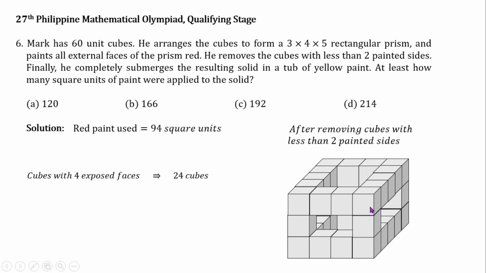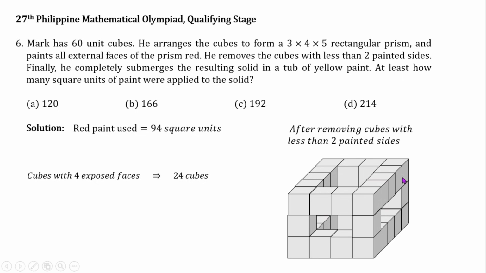If you look at the front part of the resulting solid, there are 6 cubes with 4 exposed faces. This one, so 1, 2, 3, 4, 5, 6. There are also 6 at the back, right? So that brings to a total of 12.